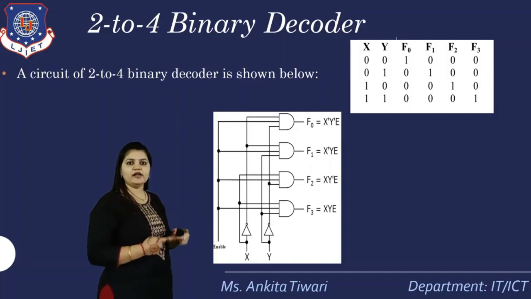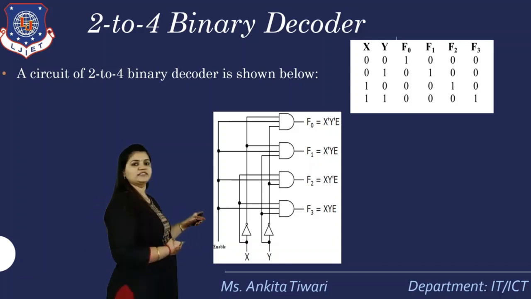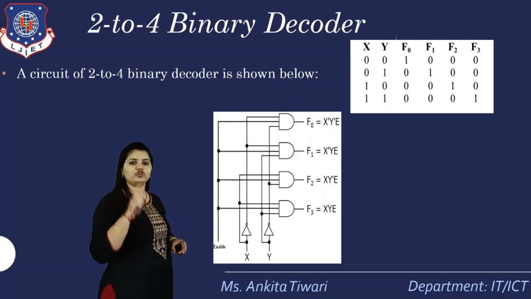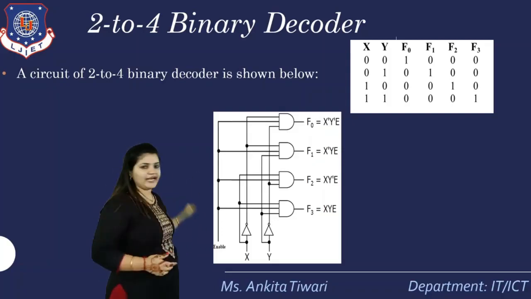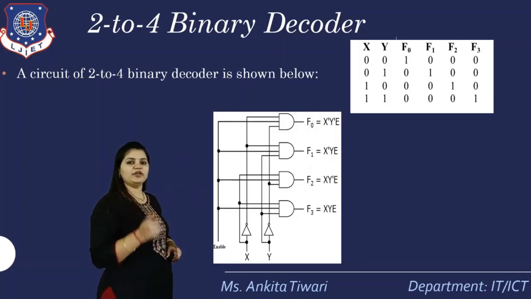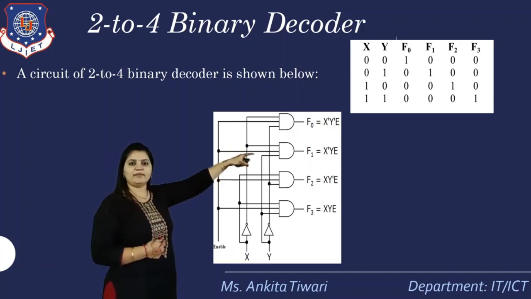That means X bar, Y bar, and enable input should be 1 in order to handle this condition. If enable is 0, we will not get any output from the circuit; it will be an open circuit. So if we are getting the output, that means enable input is 1. So F0 is equal to X bar, Y bar, E.